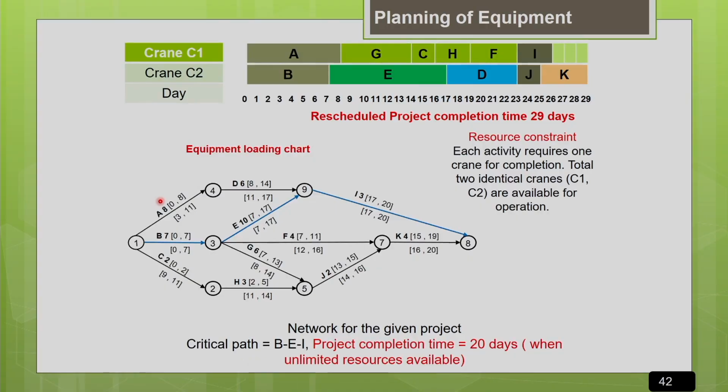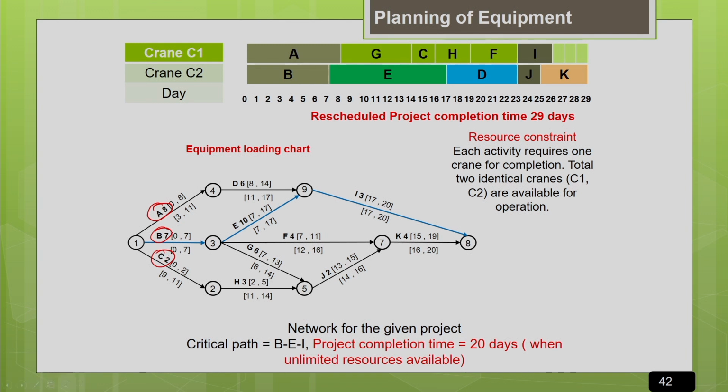Now let us start with the allocation. At the start of this project, you can see that there are 3 activities, A, B and C, which are the beginning activities.